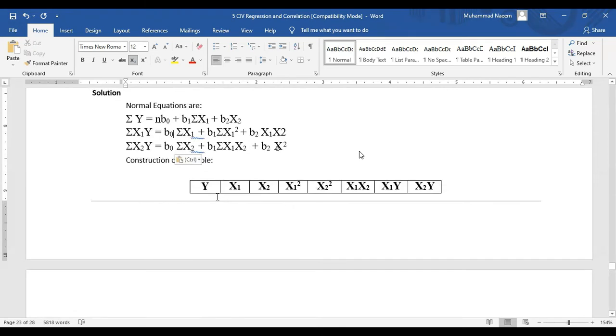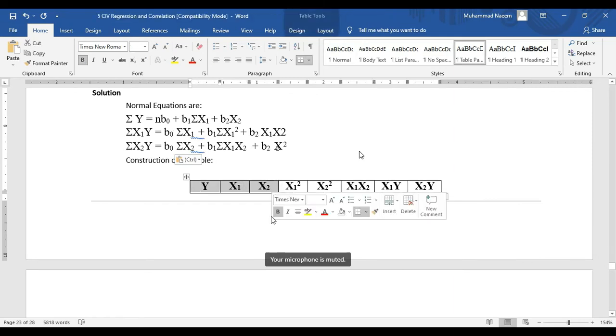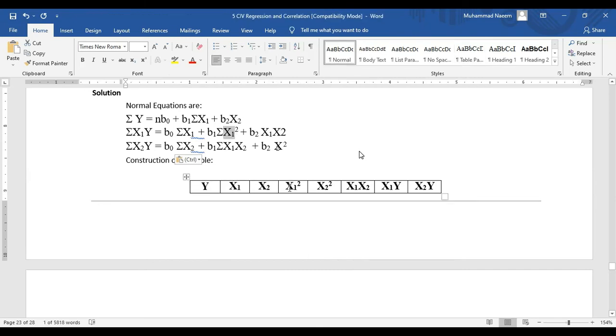Construct a table according to these normal equations. These are the theory columns for our given data. X1, X2 are independent variables and Y is dependent. Further, we need sigma x1 square, so construct an x1 square column.